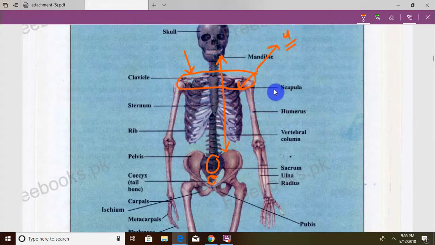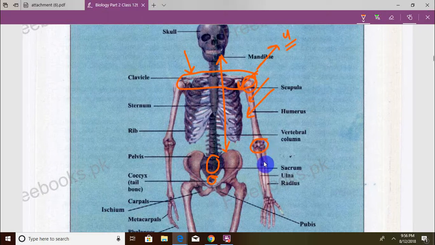So over here we have the humerus. My apologies, this is the humerus, and this is the globular head, and this fits into the pectoral girdle and forms a ball and socket joint. And over here at its distal end we have a hinge joint with 2 bones, the radius and the ulna.